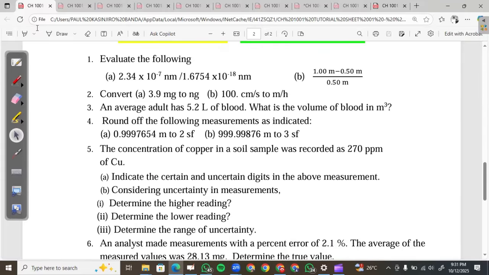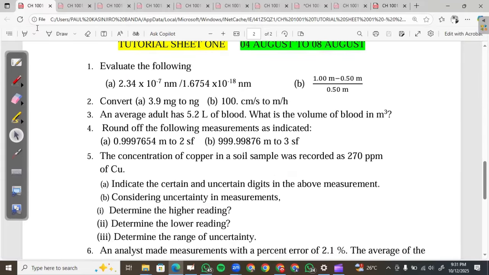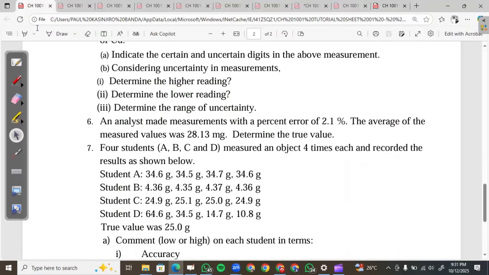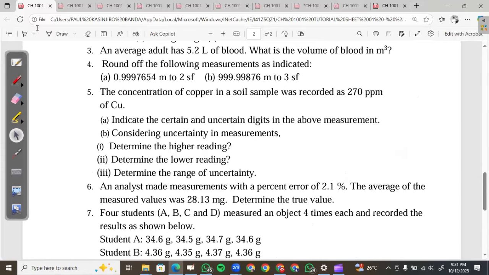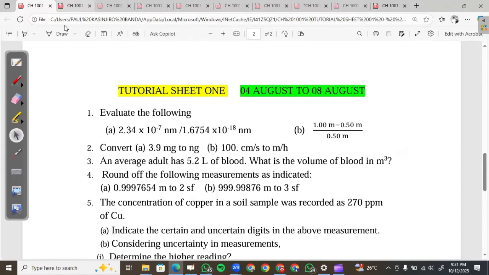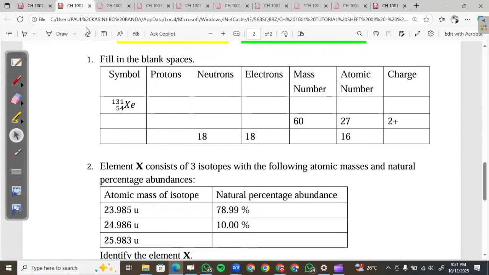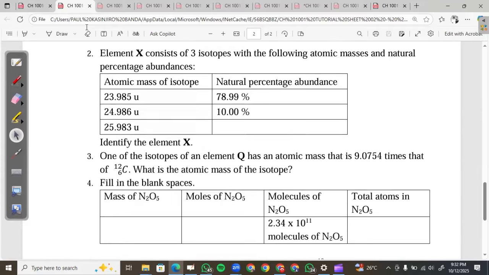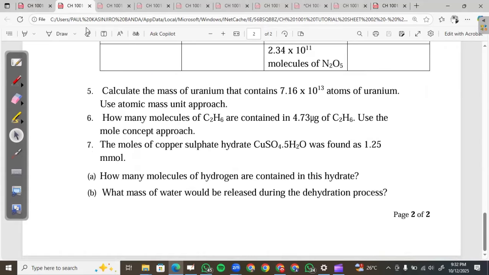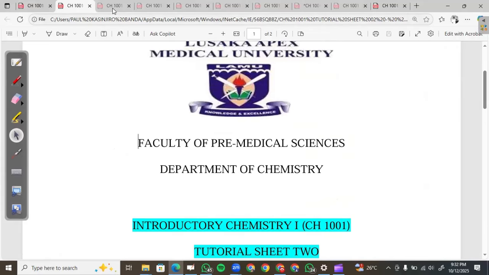So this was tutorial sheet 1, units and conversions, to get the basics that you're going to be using in the entire course. We solved all these questions. The videos are there on the website. Tutorial sheet 2, this one here, is on atoms and isotopes. We solved all these questions. The videos are there on the website.